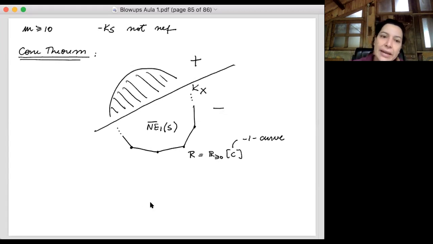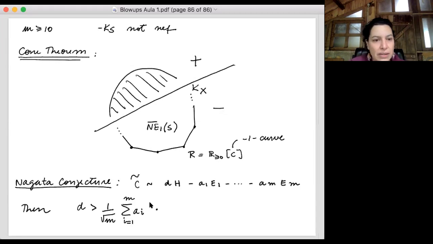So let me end this lecture with a conjecture. This is what is called the Nagata conjecture, which gives some information about the shape of the Mori cone on the other side.